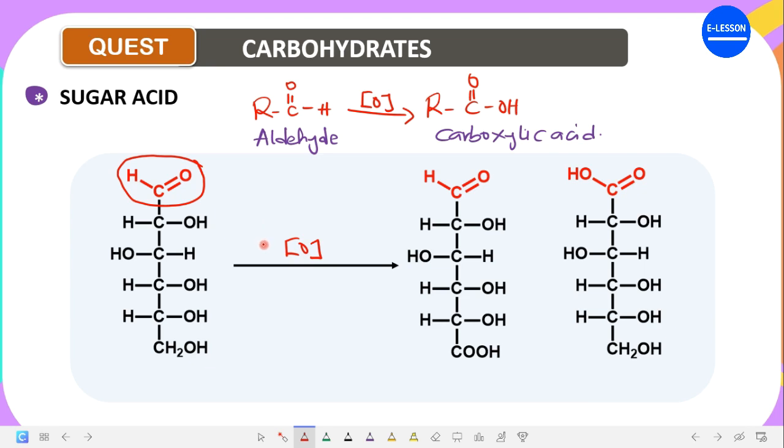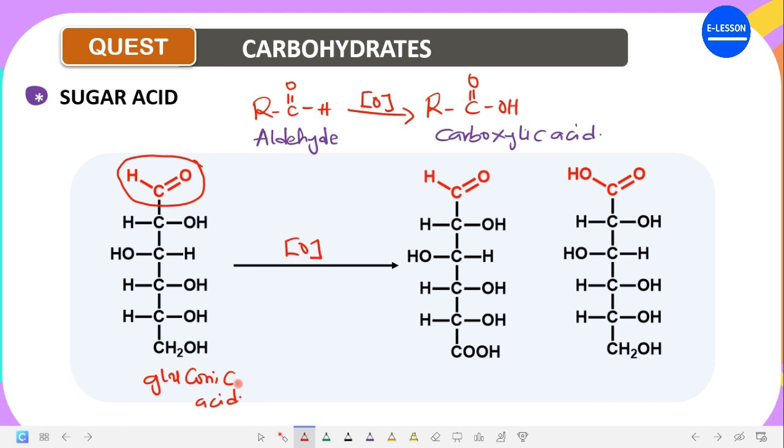When this aldehyde group is oxidized, what you will form is called gluconic acid. For instance, that of glucose, it will form what? A gluconic acid.